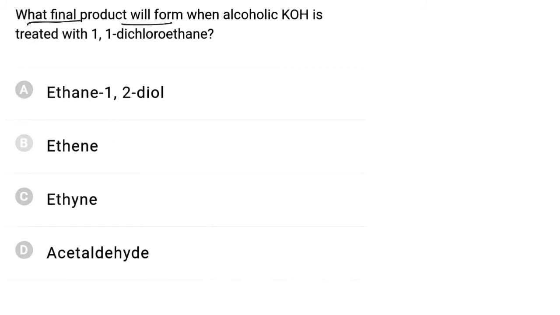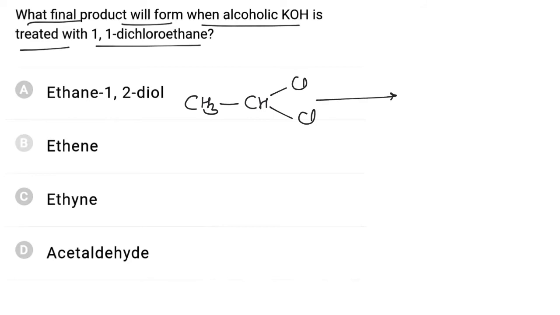What final product will form when alcoholic KOH is treated with 1,1-dichloroethane? Now this molecule is 1,1-dichloroethane, and this molecule on reacting with alcoholic KOH will lose H and Cl, so after beta elimination it will be converted to vinyl chloride.